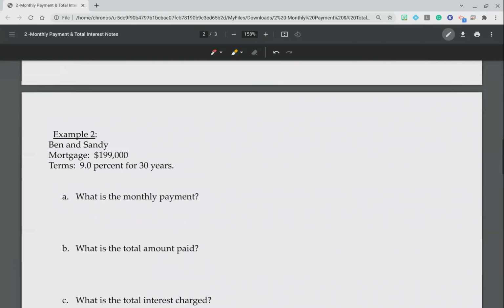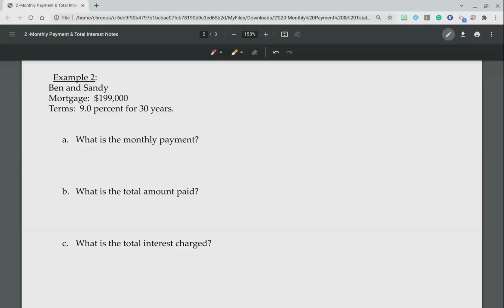All right, example 2, very similar to example 1. So I'm going to have you guys work through this one a little bit more and just check your answers with mine. So again, first thing we have to do is figure out our I and figure out our N. So both of these here are in years, and we need to figure it out in months.